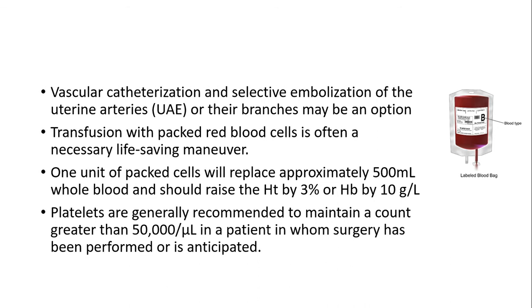One unit of packed cells will replace approximately 500 milliliters of the whole blood and should raise the hematocrit by 3% and hemoglobin by 10 grams per liter. Platelets are generally recommended to maintain a count greater than 50,000 cells per microliter in patients in whom surgery has been performed or when surgery is anticipated.